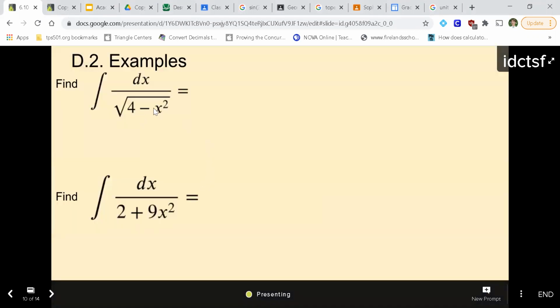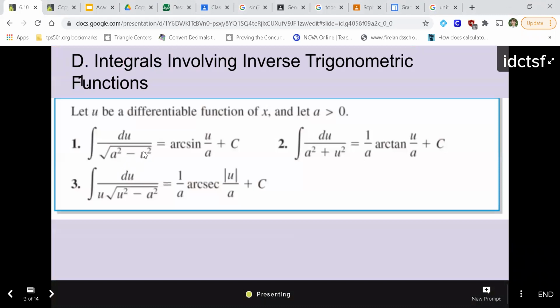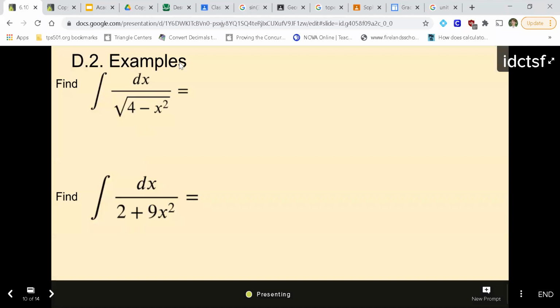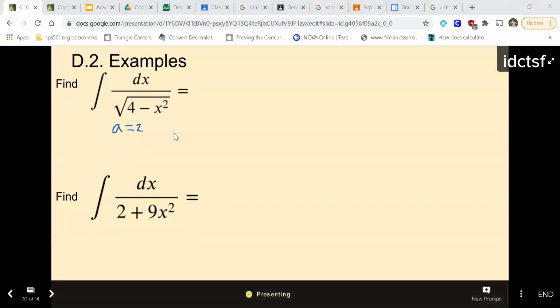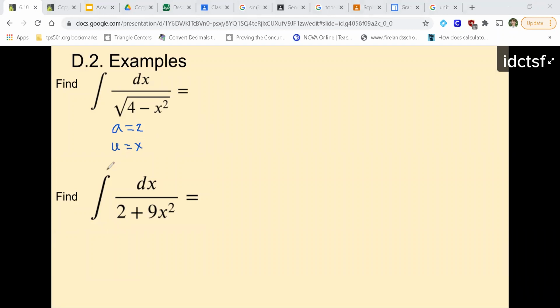So this is using this first formula, where a for our problem would be 2. And I don't think we have to manipulate that at all. Minus x squared, our u value would be x. But again, we really don't need to change that variable here. I suppose it doesn't hurt.